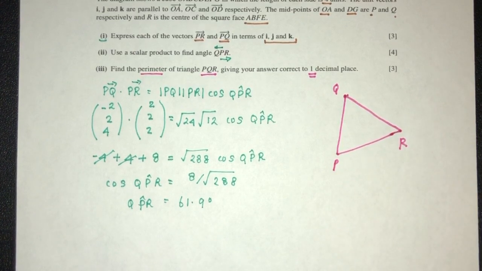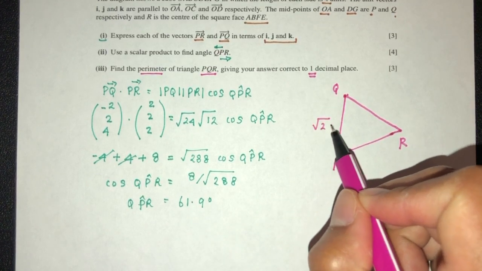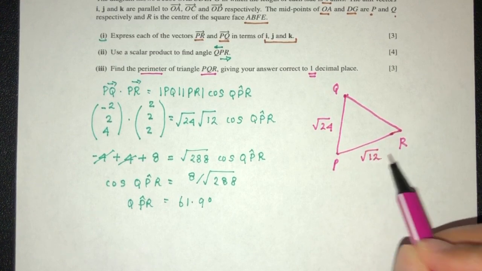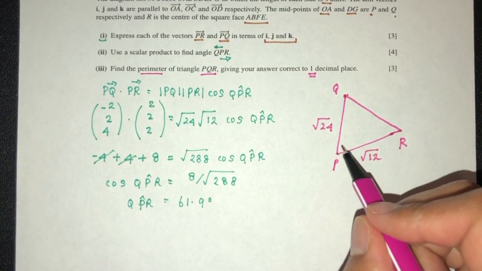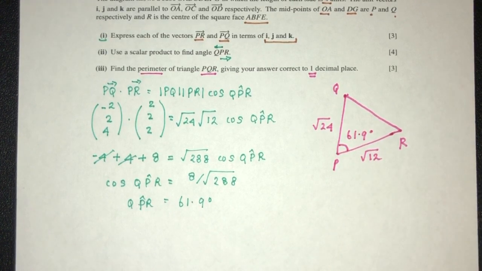For example, we know the length of PQ. PQ was found to be root of 24. PR was found to be root of 12. And the angle QPR was found to be 61.9.